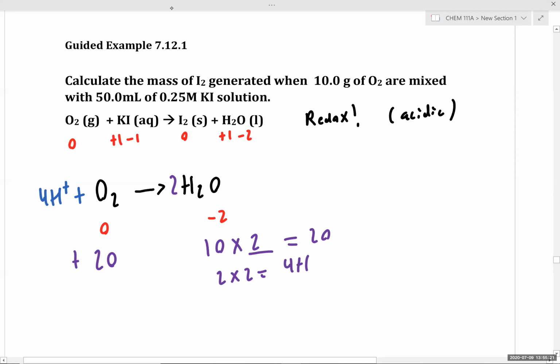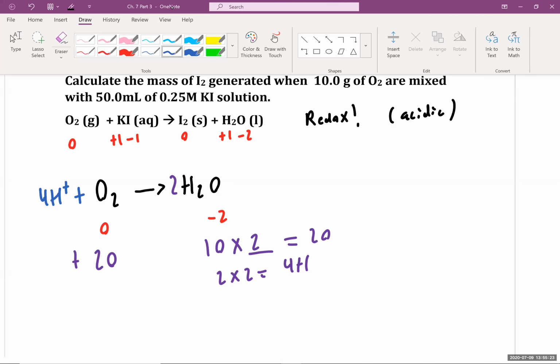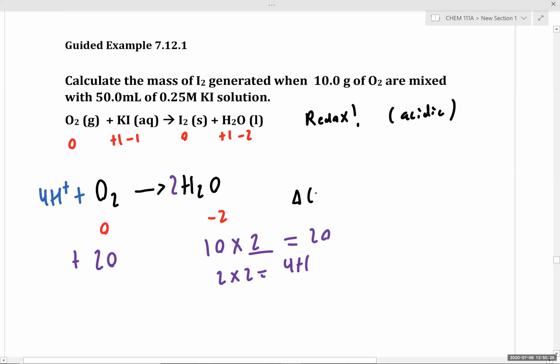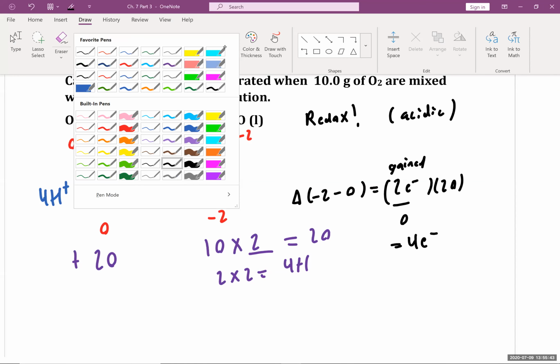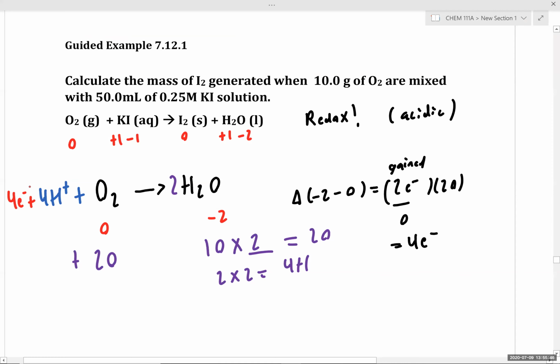Okay, and now our difference in electrons is -2 minus 0, so we have gained 2 electrons per oxygen atom, and we have 2 oxygen atoms. That gives us 4 electrons gained. So we put the 4 electrons also on the left-hand side.